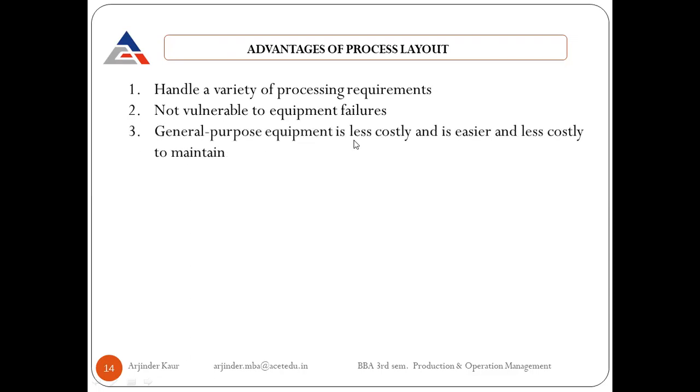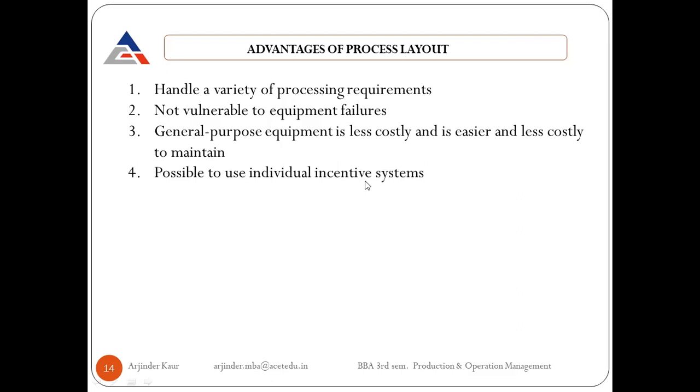General purpose equipment is less costly and easier and less costly to maintain. Because we arrange as per the processes performed, for one process we can make use of general purpose machinery. We need not engage sophisticated, highly technical machinery, so general purpose equipment is always less costly.